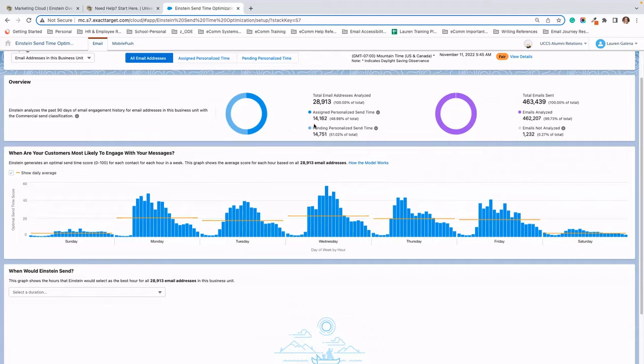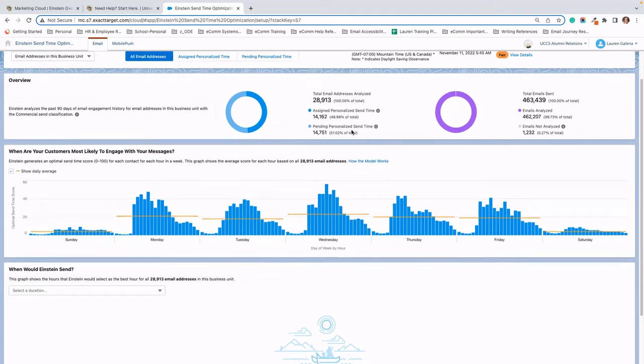And this section right here has the assigned personal send time and pending personal send time. While the AI is gathering data, there'll be pending personal send time. So for almost 15,000 contacts, it's still gathering data on when the best time to send to those contacts would be. And then 14,000 contacts have an assigned personal send time because they have enough data to determine that.